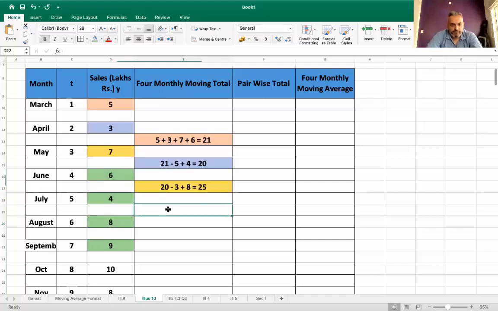Now 6 plus 4 plus 8 plus 9, or 25 minus 7 plus 9, which is equal to 27. Another: 4 plus 8 plus 9 plus 10.